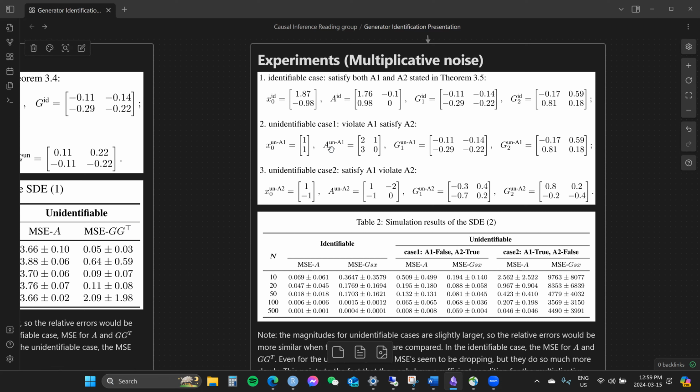These A's are just the ground truth values that they're using for their experiments, but in practice, what they're doing is generating 10 trajectories and then using maximum likelihood estimation using this Euler scheme. They didn't really explain this very clearly, honestly. It's mostly in the appendix, but they're just using MLE to estimate the parameters.